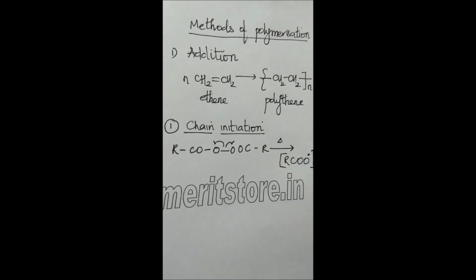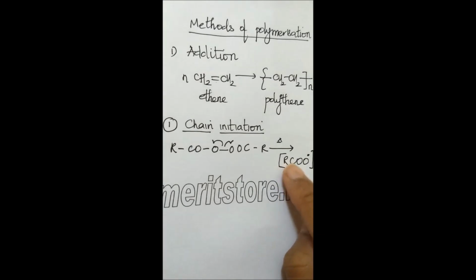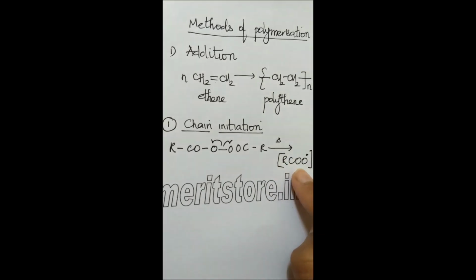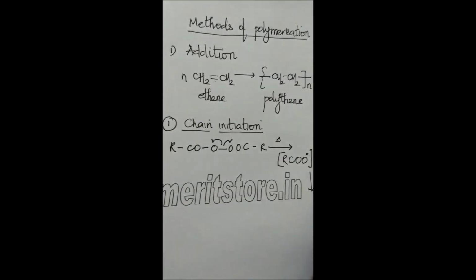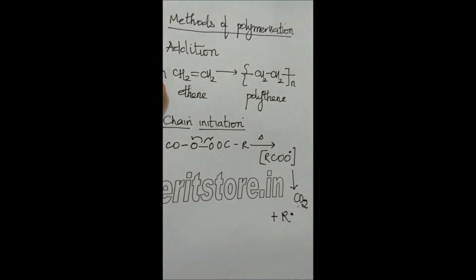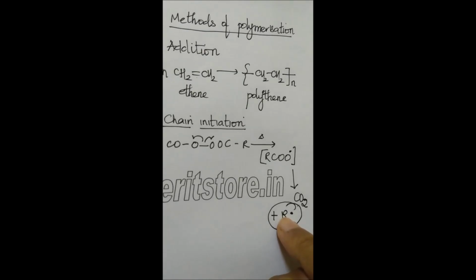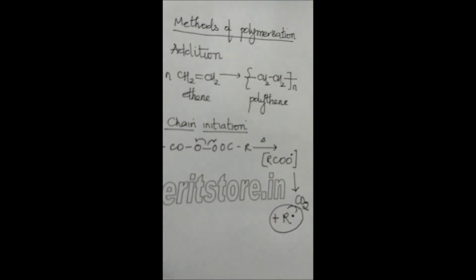So I mention it in a bracket. Since it is unstable, it will undergo fission again, and what I get is CO2 and R radical. Now this R radical is further used in the next step. The second step is chain propagation.